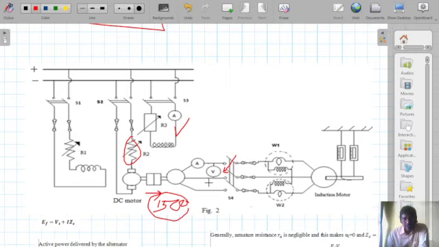And we have to adjust this input prime mover power to maintain its speed at 1500 rpm, and to maintain the voltage at 410 you have to adjust the excitation current. Okay, so in this way we can maintain its rated voltage and frequency.